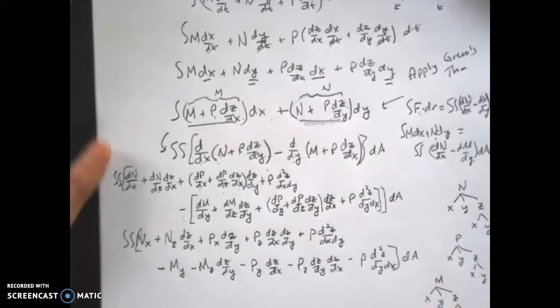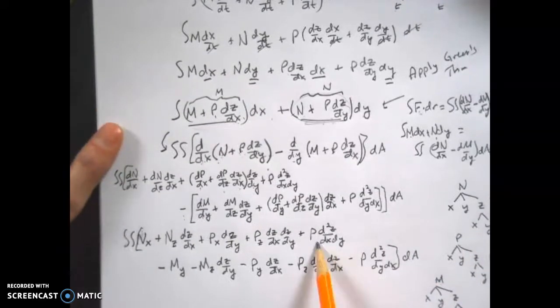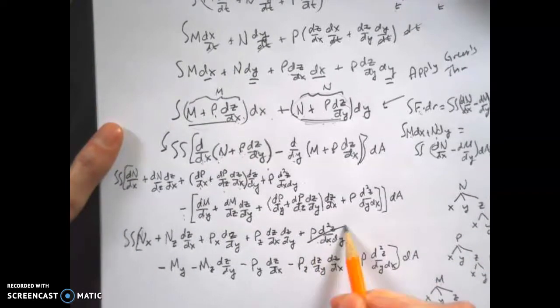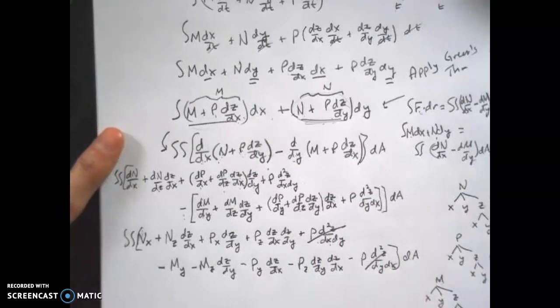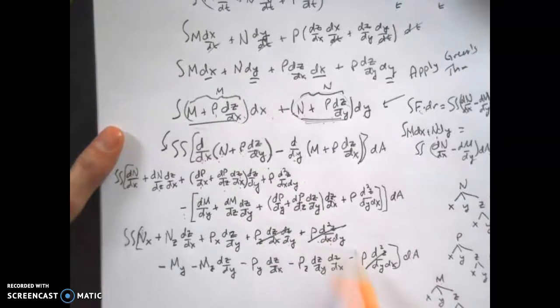Okay, and there's some things that cancel here. So we've got the p d squared z dx dy minus p d squared z dx dy. Okay, the dp dz, dz dx, dz dy, and the minus dp dz, dz dy, dz dx, those go away.